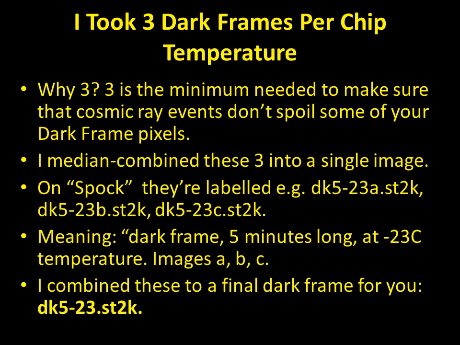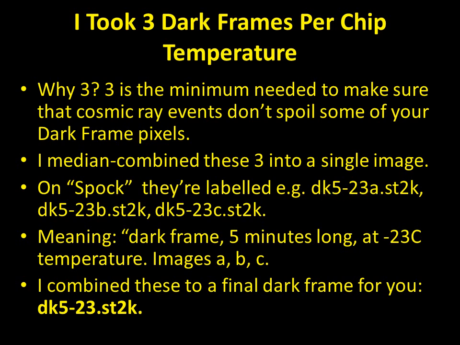But you might notice, if I send you at some point the entire folder of dark frames, that you'll see A's, B's, and C's. So for example, here's my naming convention for dark frames.